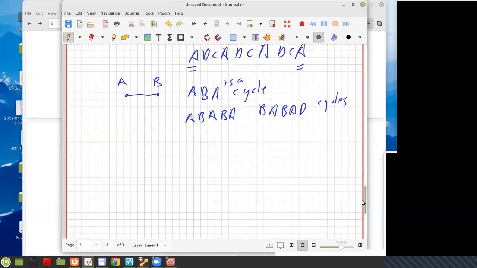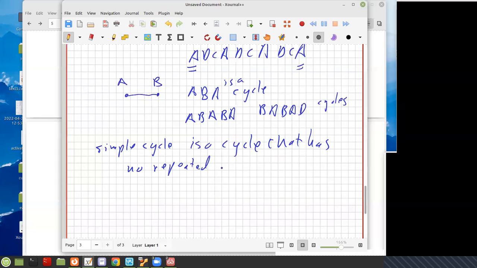Well, there are paths and simple paths, and there are cycles and also simple cycles. So a simple cycle is a cycle that has no repeated nodes, but also no repeated edges.